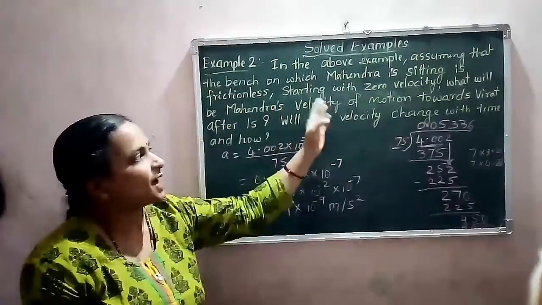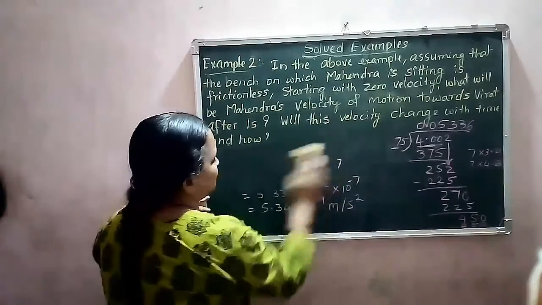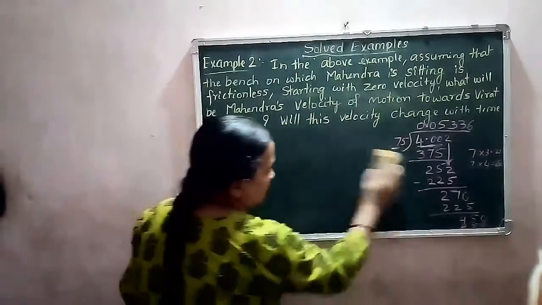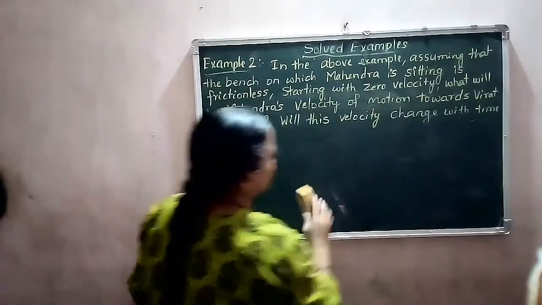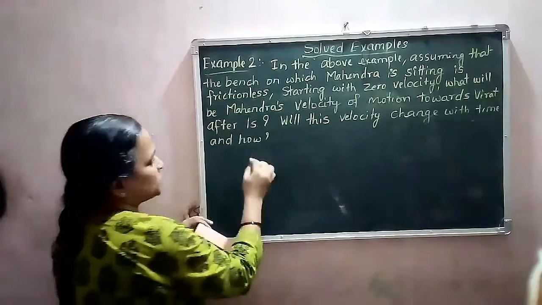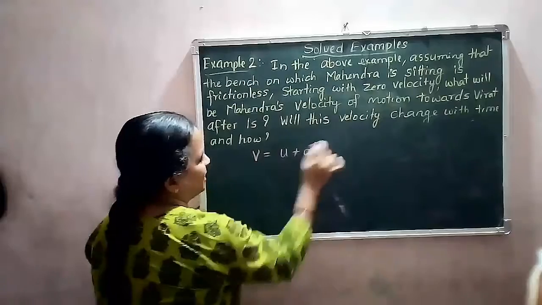Now actually we have to find out the velocity of motion. So using Newton's equation of motion, that is V is equal to U plus AT.